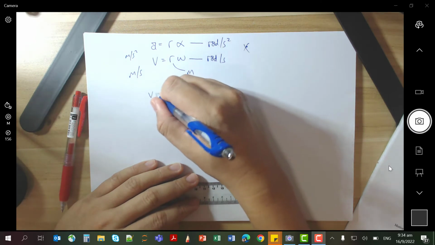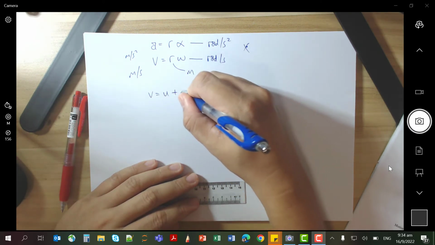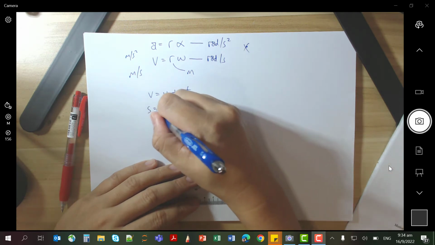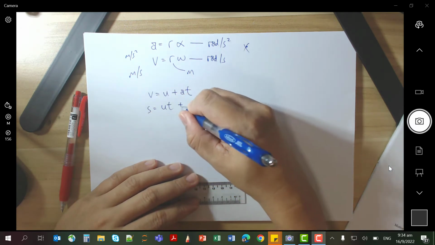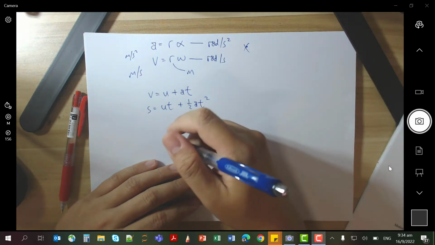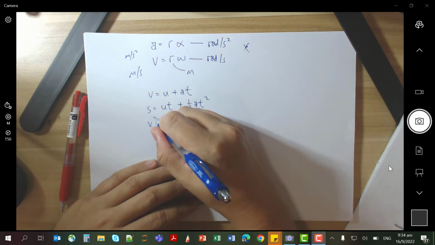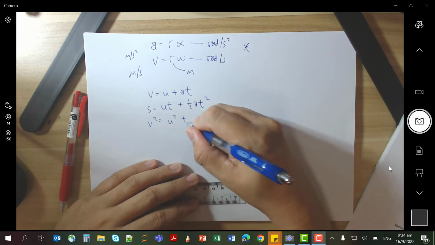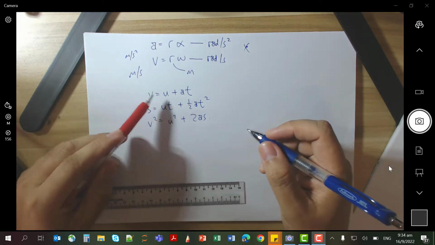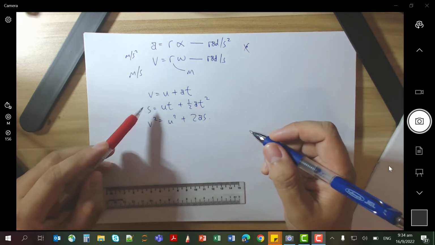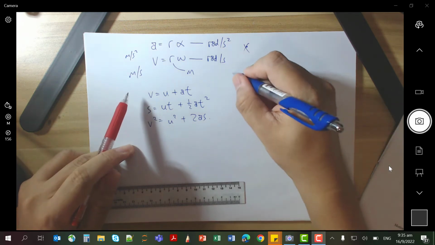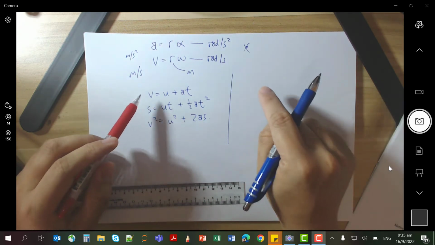For example, v equals u plus at, s equals ut plus half at squared, and lastly v squared equals u squared plus 2as. If you notice, these are all linear components: linear velocities, linear distance.